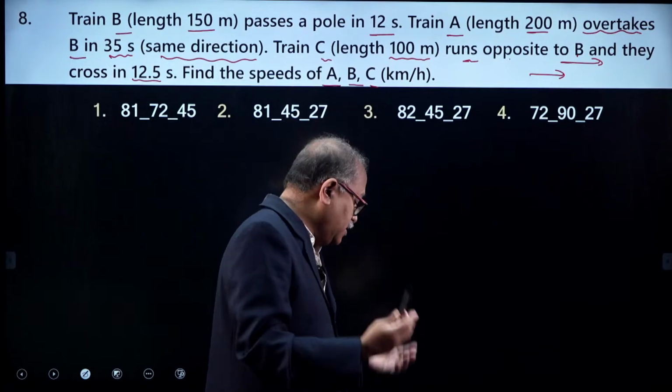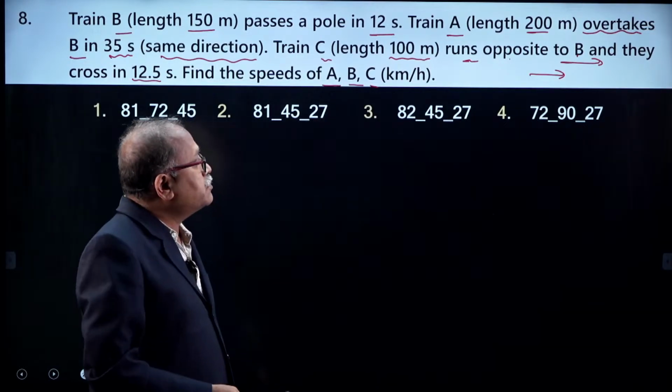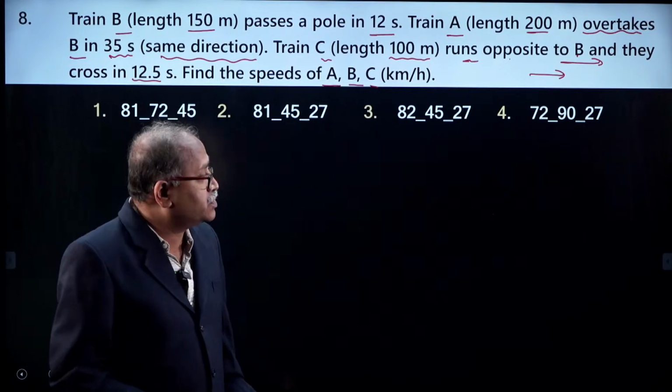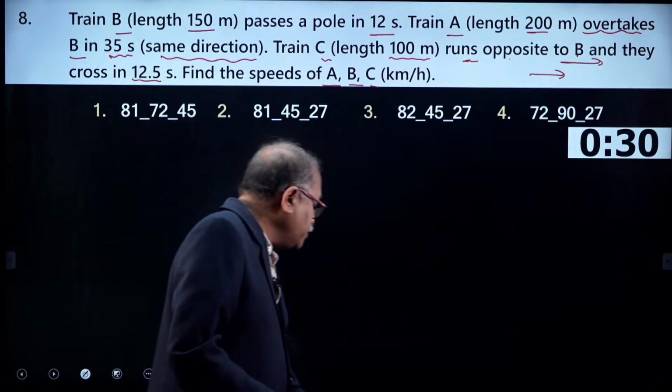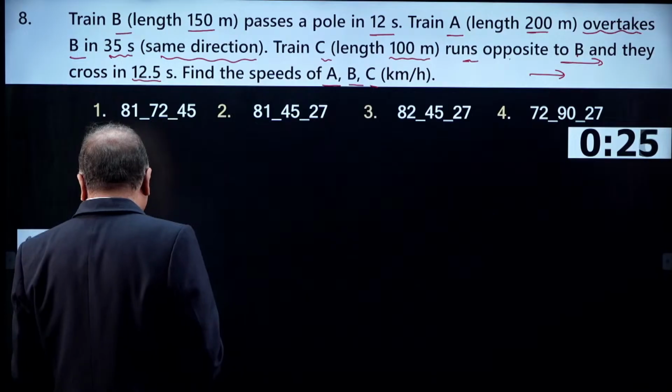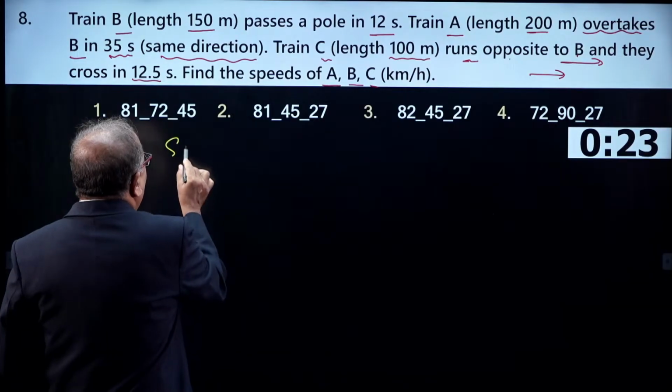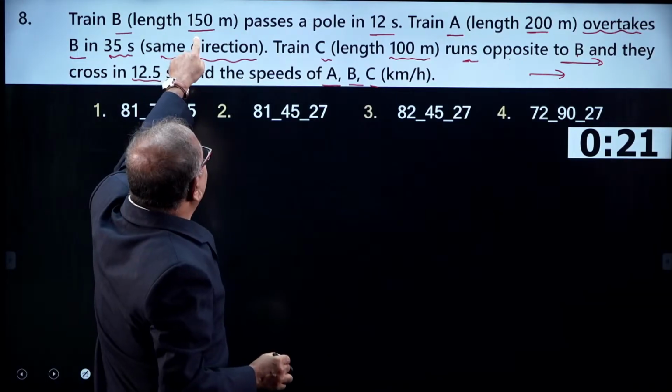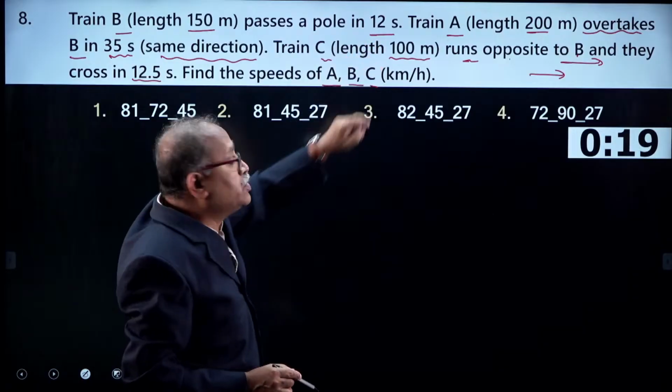So just clear the concept, practice it. It is a very known question. I am giving 30 seconds to you. Some of you will be able to answer the question. First, I can start that the speed of B is 150, crossing the pole in 12 seconds.